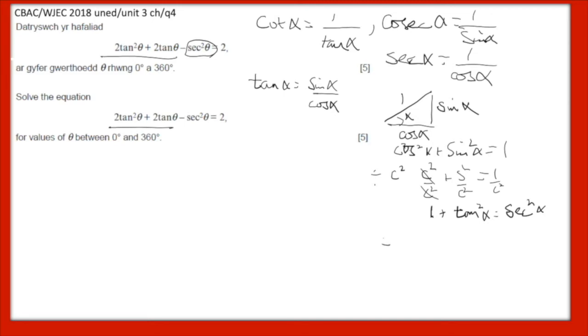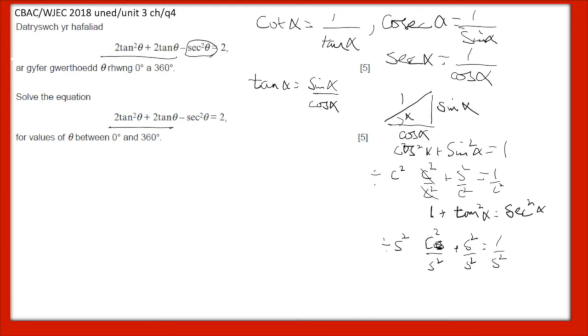If I divided through by sine squared, going back to my original cos squared plus sine squared equals 1, I'd get cos squared over sine squared plus sine squared over sine squared is equal to 1 over sine squared.